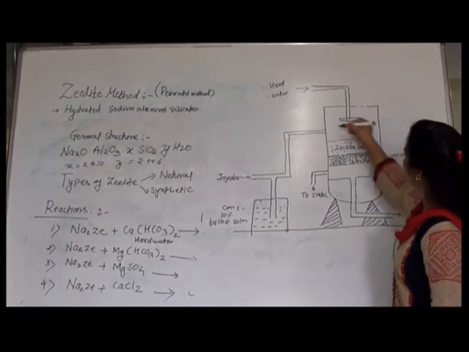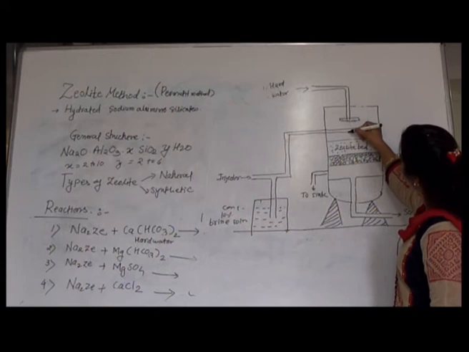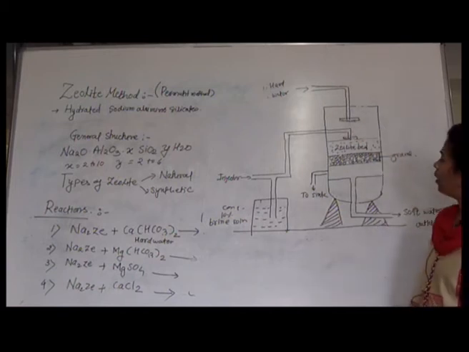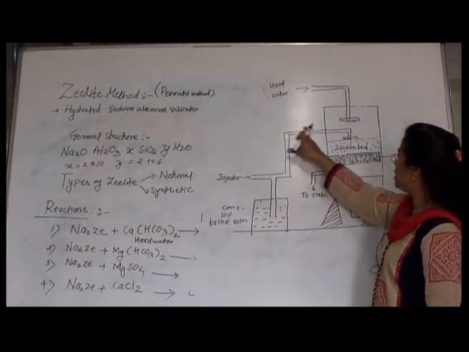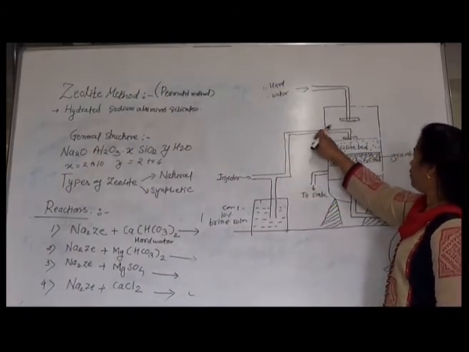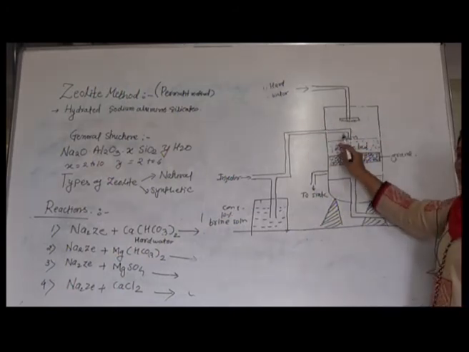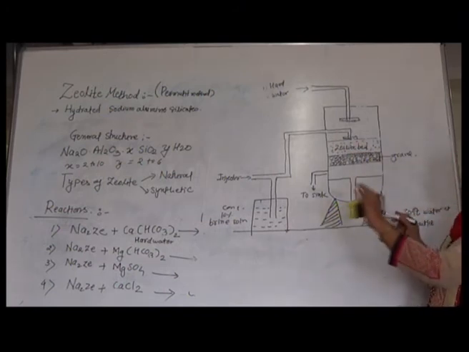So in this zeolite softener, for the regeneration of the zeolite softener, we can use this 10% brine solution. This 10% brine solution is injected from this inlet, and the reactions take place between exhausted zeolite and 10% brine solution.